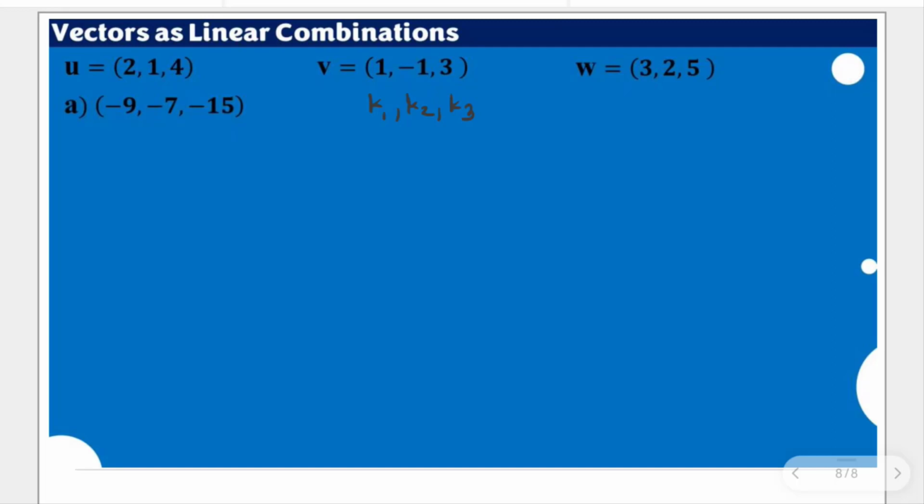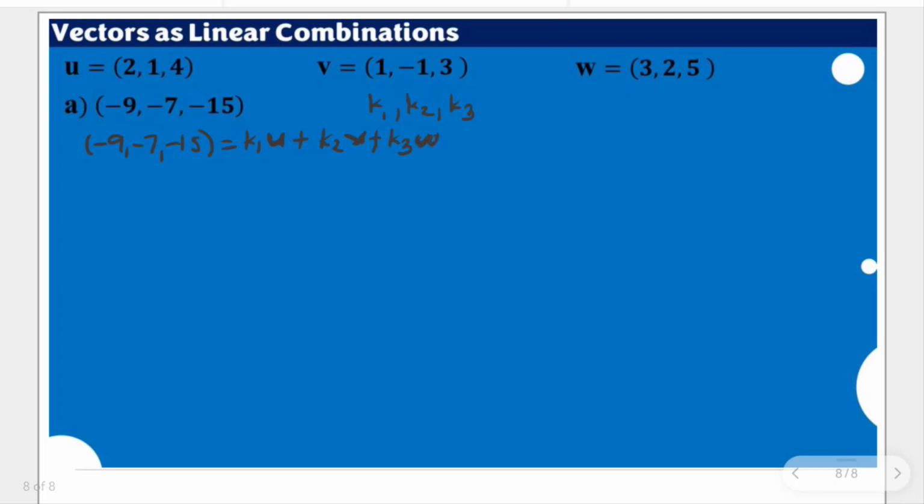And we can show the presence or absence of k sub 1, k sub 2, k sub 3 when we write it like this. You have -9, -7, -15 must be equal to k sub 1 times u plus k sub 2 times v plus k sub 3 times w.